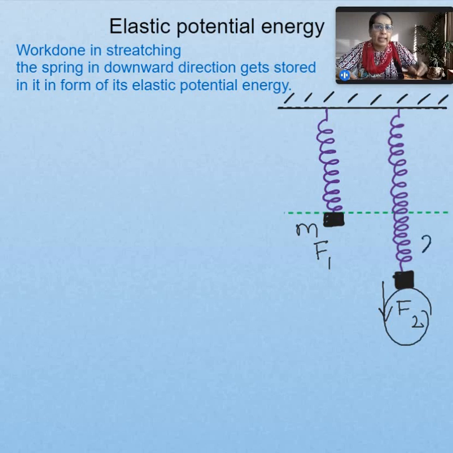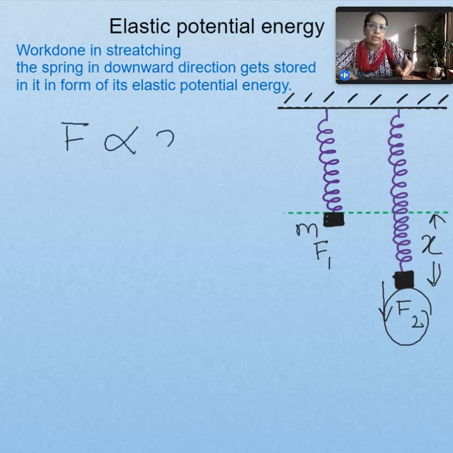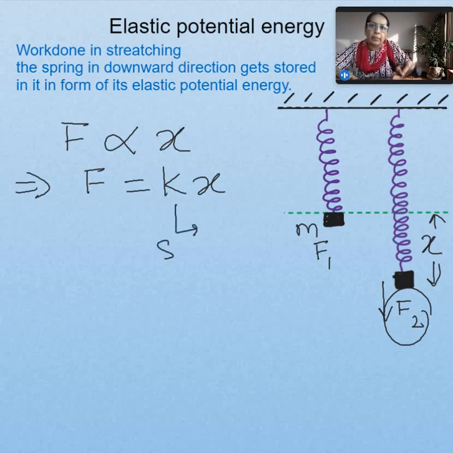As a result, an extension of x is seen. The amount of force applied is directly proportional to the amount of extension seen in the spring. We can write force as equal to some proportionality constant times the extension seen in the spring. Here k is the spring constant.